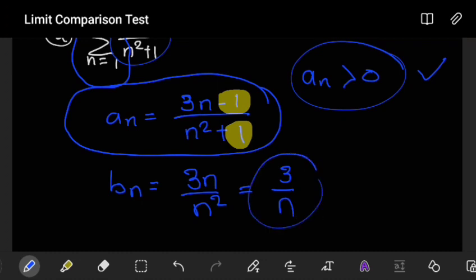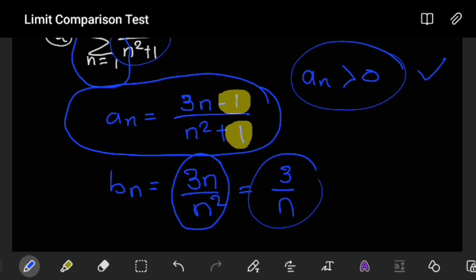You can get it as 3 over n, or from the start you can get it as 3n over n squared. But again, n is a very big number. When you multiply a big number by 3, you still end up with a big number. So the impact of the 3 there is very, very small.